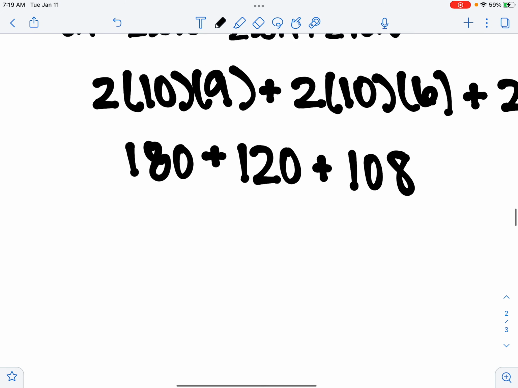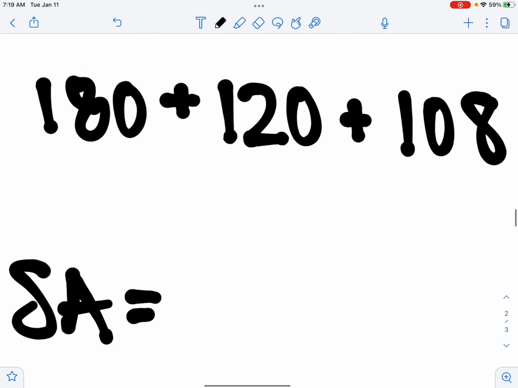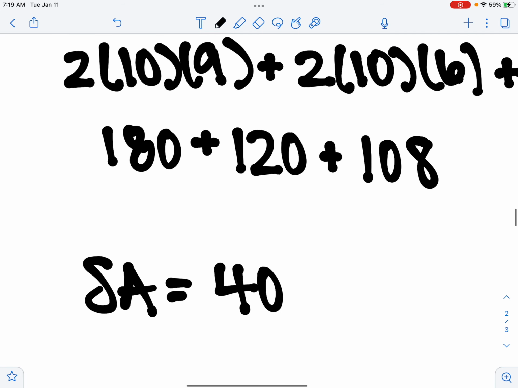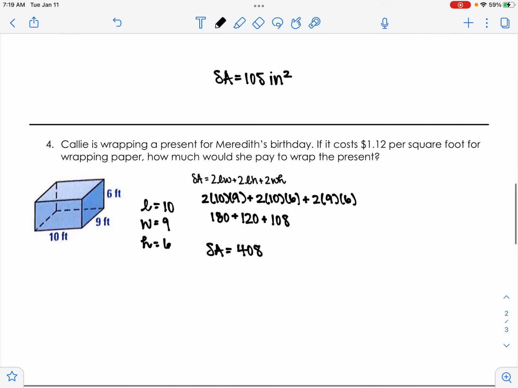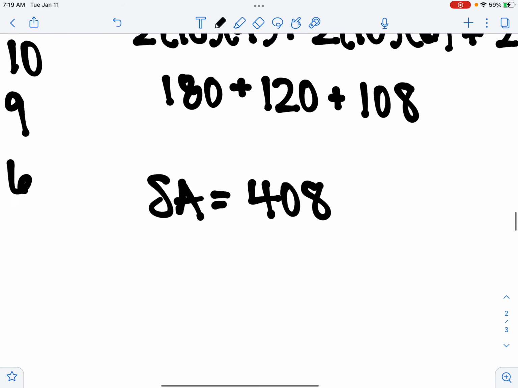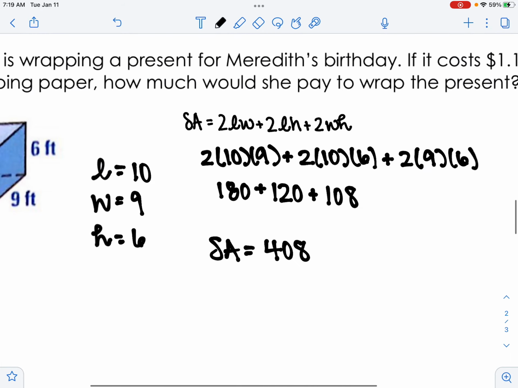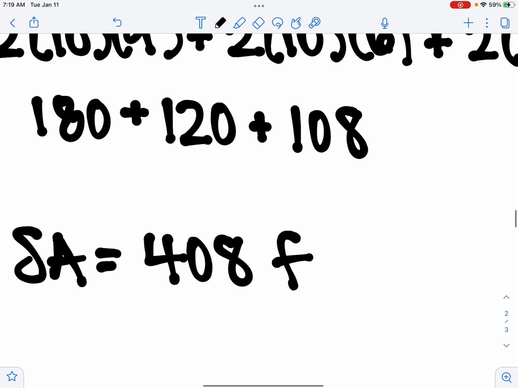And now I'm going to add up all those numbers to find my surface area. So 180 plus 120 plus 108, and I'm going to get 408. So there is the surface area of that box, okay? So it's 408 feet squared.